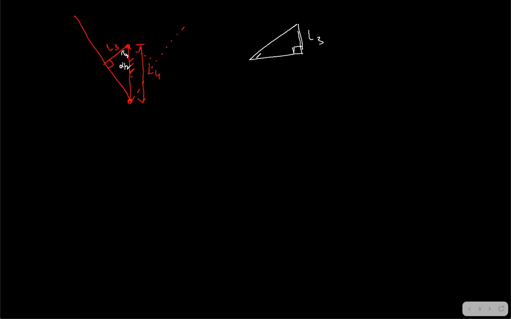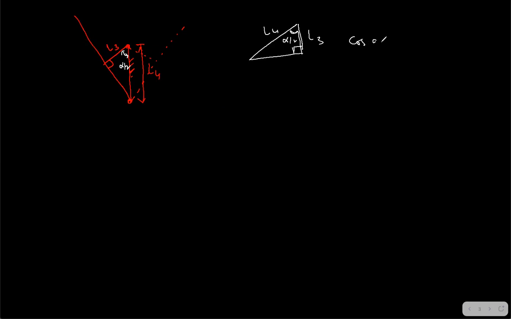L4 is at the corner, opposite to the perpendicular, so L4 is the hypotenuse. Sorry, this is not alpha by 2 over here; this is alpha by 2 between L3 and L4. You can check with this diagram. Just the perspective of looking is different. So this is adjacent and this is hypotenuse, right?